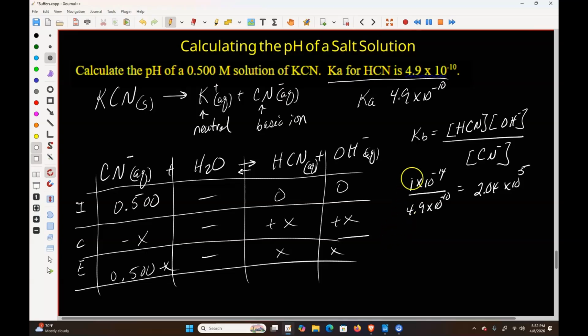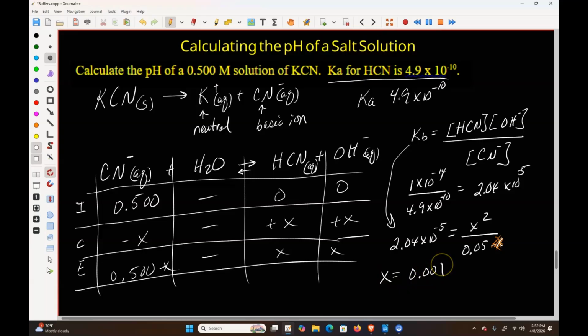All right, so let's substitute into this equation here. It would be 2.04 times 10 to the negative 5 equals x squared over 0.05 minus x. Again, we can ignore the x here because of the huge number of powers of 10 between the two. Solving for x, I'll get 0.001.